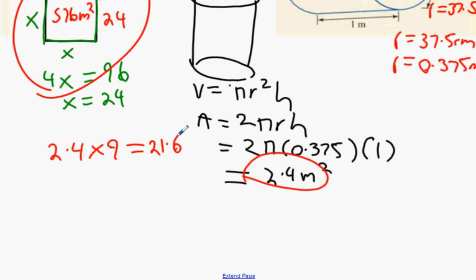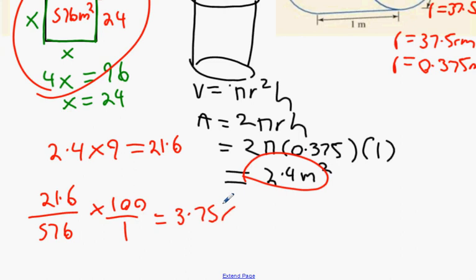You've covered 21.6 meters out of 576. It's asked for percentage, not fraction, right? So you have to multiply that by 100 over 1. What do you get? 3.75%. Okay, so 3.75%, and you're done.